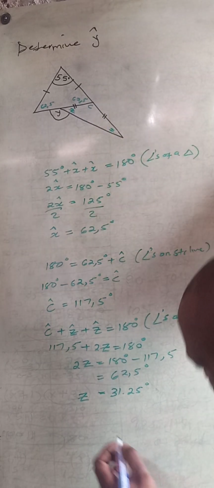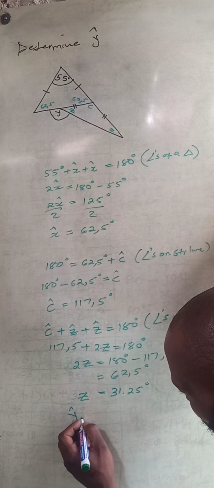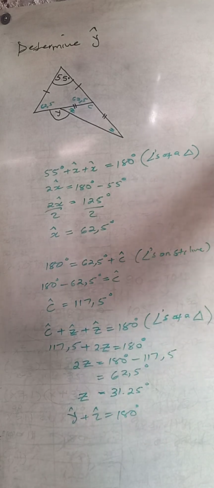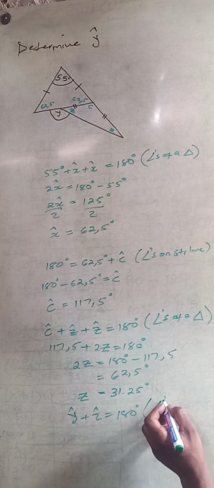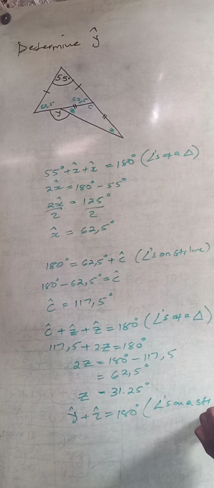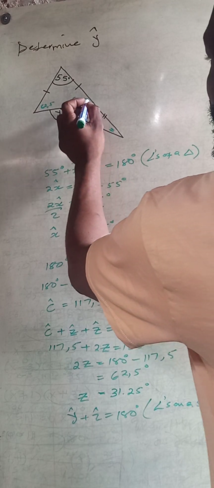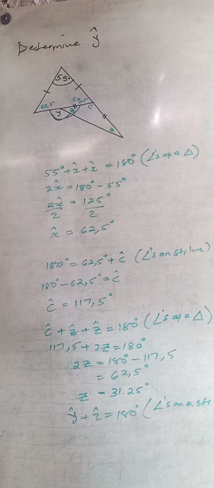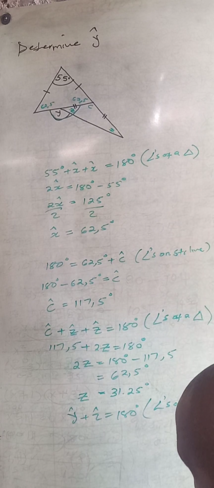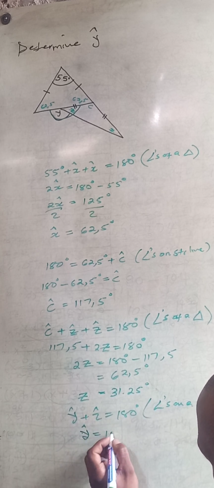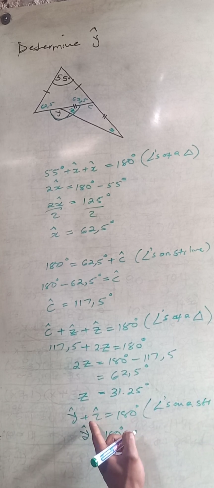This is 62.5. But then if we say angle y plus angle z, they must add up to what? To 180 degrees, right? What is the reason? They are angles on a straight line. Here is the straight line. If we add up these two angles, they must give us 180 degrees. So angle y is equal to 180 degrees minus z.